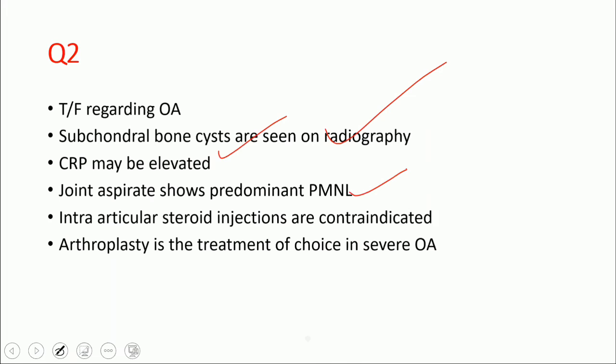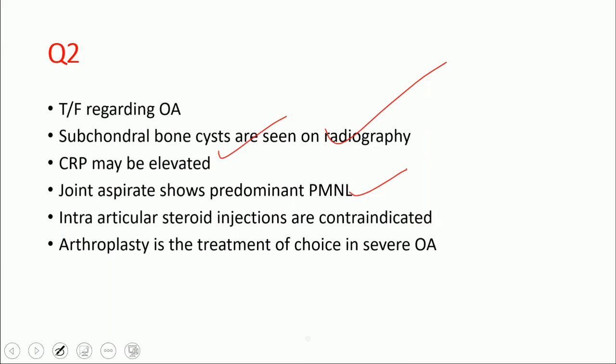Obviously it's not as many neutrophils as in septic arthritis, but there is an element of inflammation, and that has opened up an avenue of inflammation-based research in osteoarthritis. CRP is slightly high, obviously not as high as in rheumatoid arthritis or infection. And you can get a few cells, predominantly neutrophils, in the joint fluid.